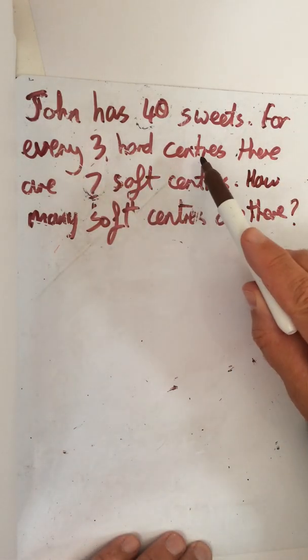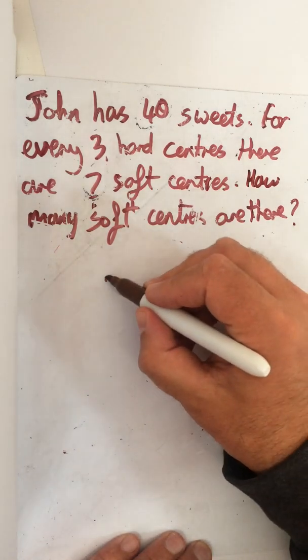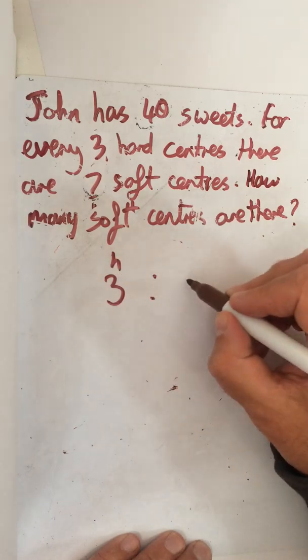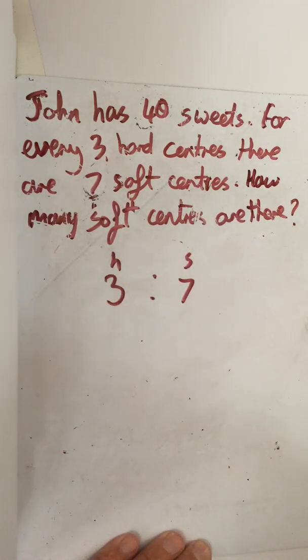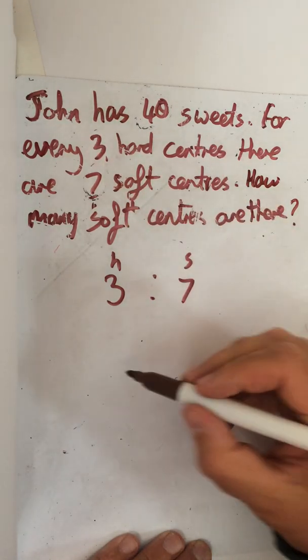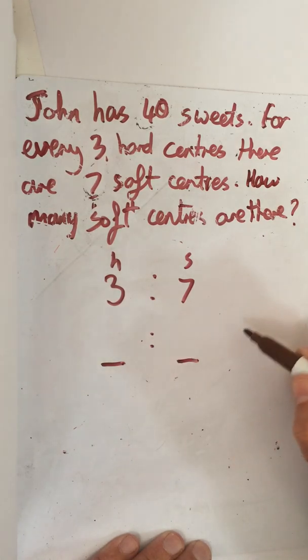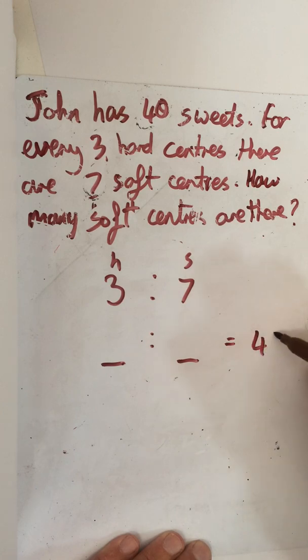For every 3 hard centers, there are 7 soft centers, so the first thing I do is write down my ratio. 3 hard to 7 soft. Okay, writing down the ratio. It's telling me how many sweets there are altogether, so I know that the amount of hard plus the amount of soft centers will give me a total of 40.